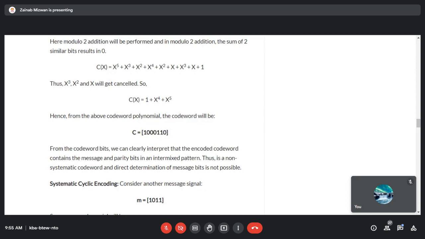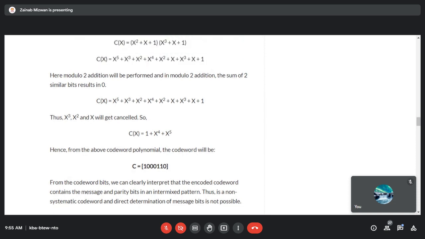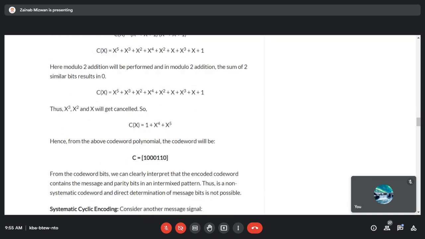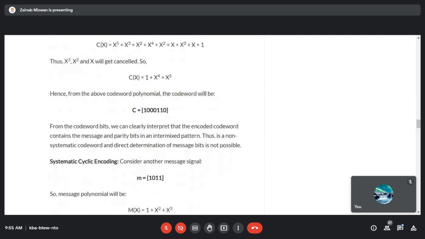So it is called non-systematic cyclic code. When we are just simply doing this type of multiplication, it will give you the non-systematic cyclic codes. Our job is to generate the systematic cyclic codes. ये समझ में आया non-systematic cyclic codes सबको?